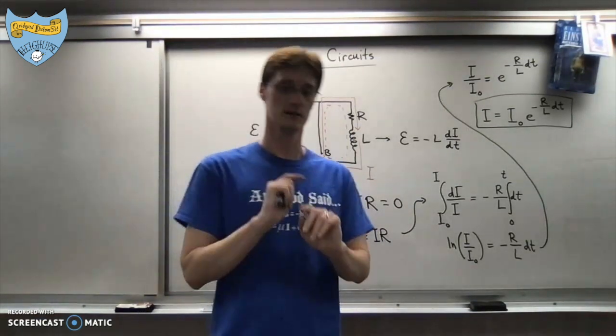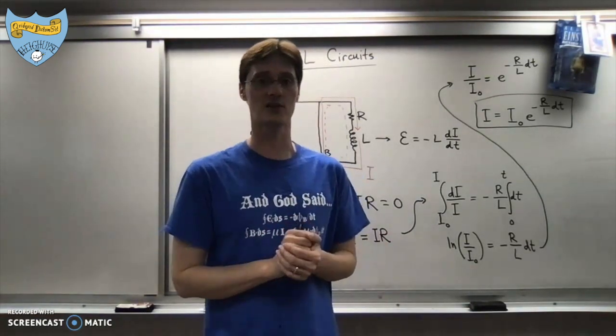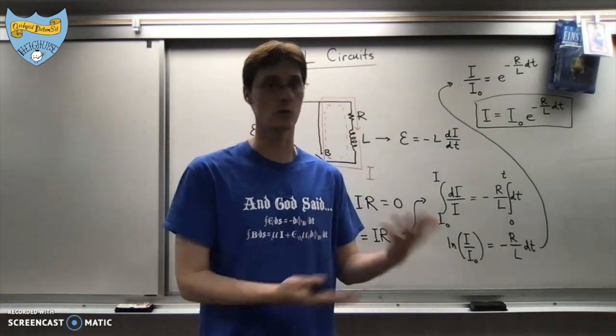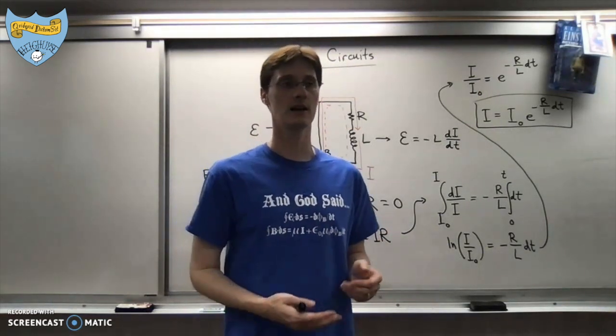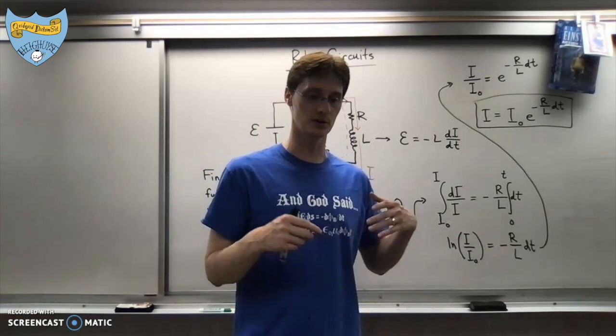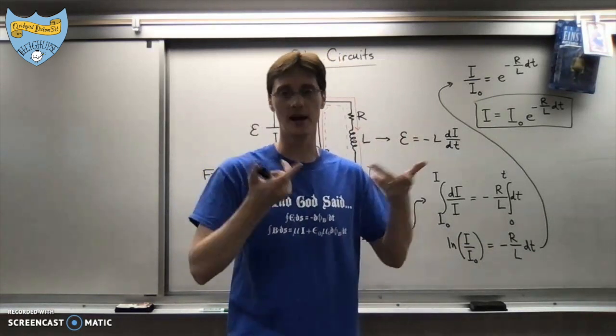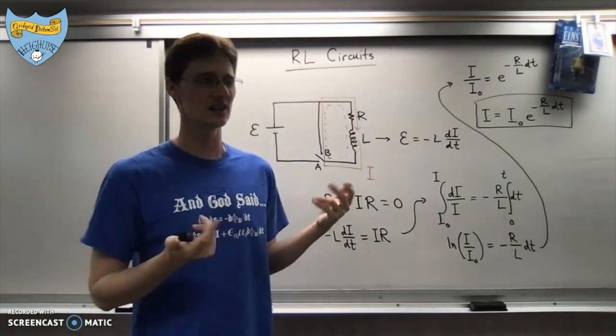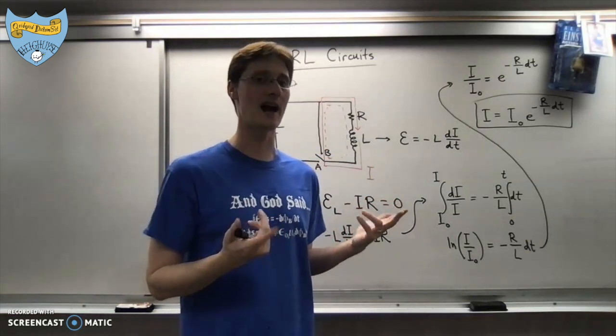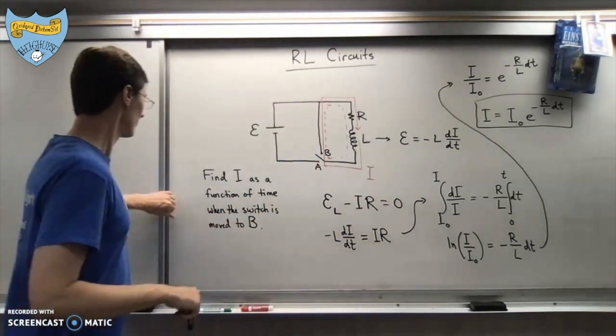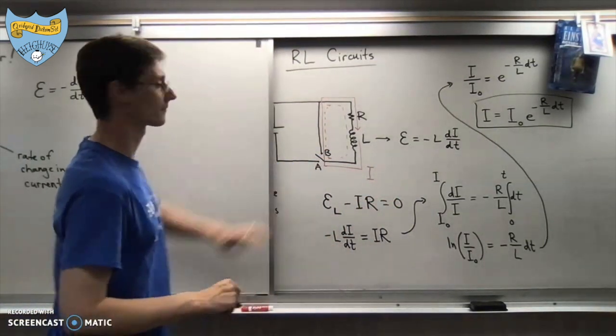Now, then we replace the capacitor with an inductor. What's going to happen now? You need to be able to compare and contrast those things, usually in the form of a graph. So here's the big difference.